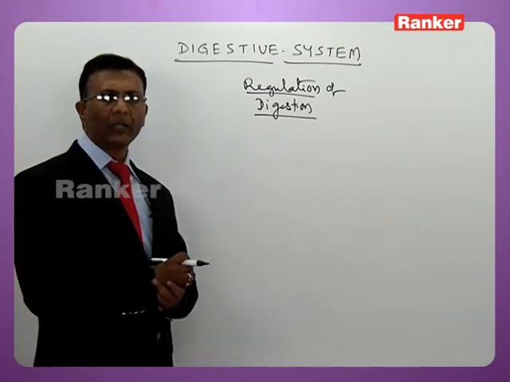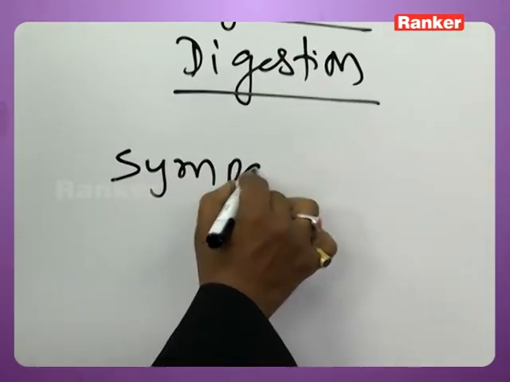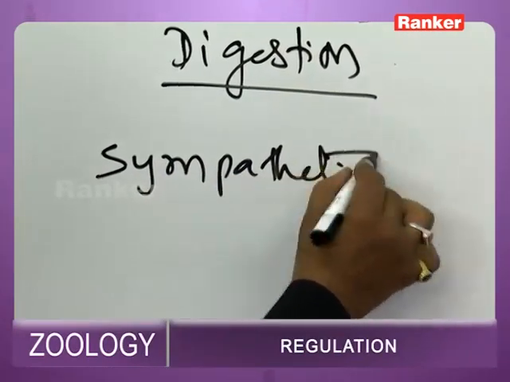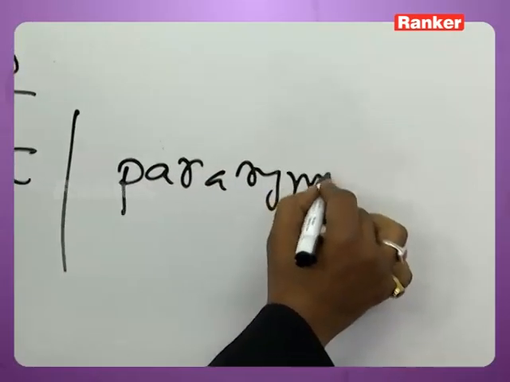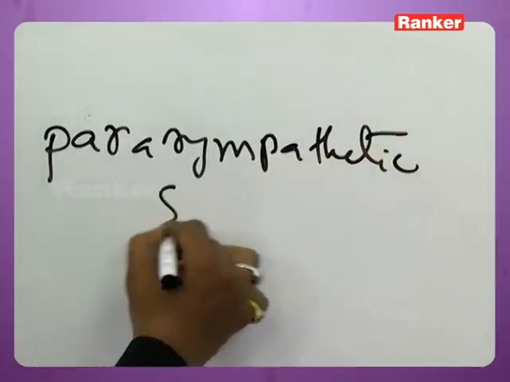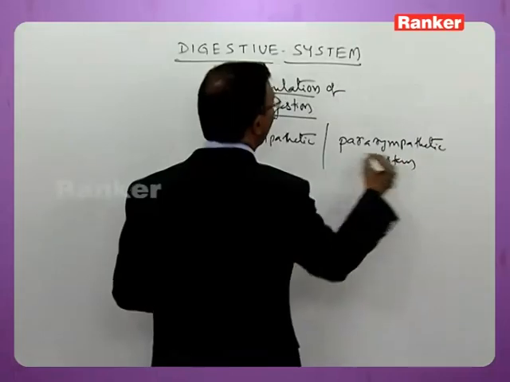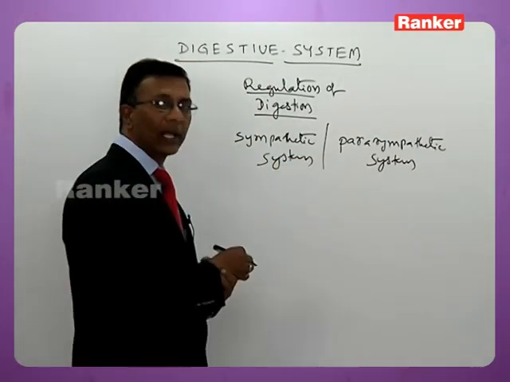Apart from this, the sympathetic and parasympathetic systems also regulate the process of digestion.